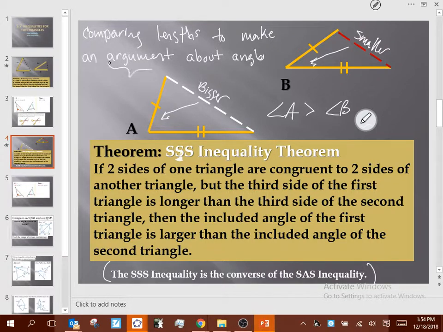Or I think in the last one I said conclusion instead of argument. Okay, so comparing lengths to make an argument about an angle.